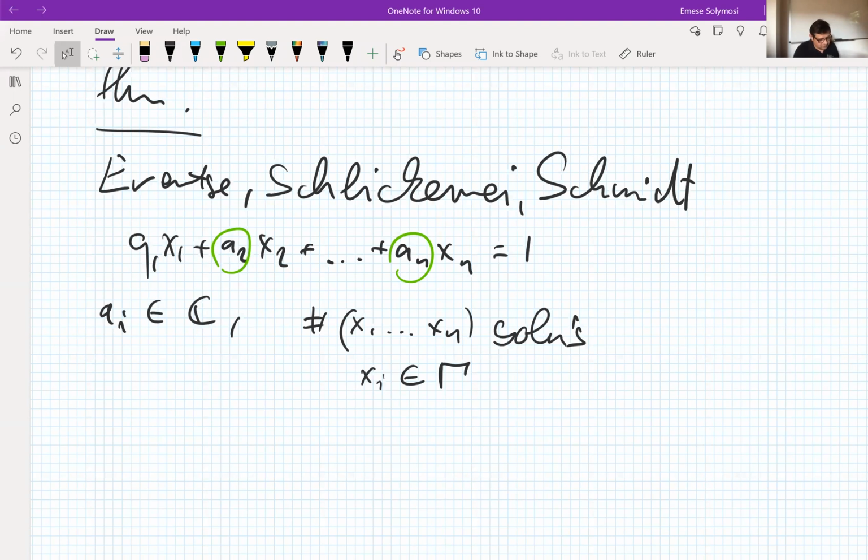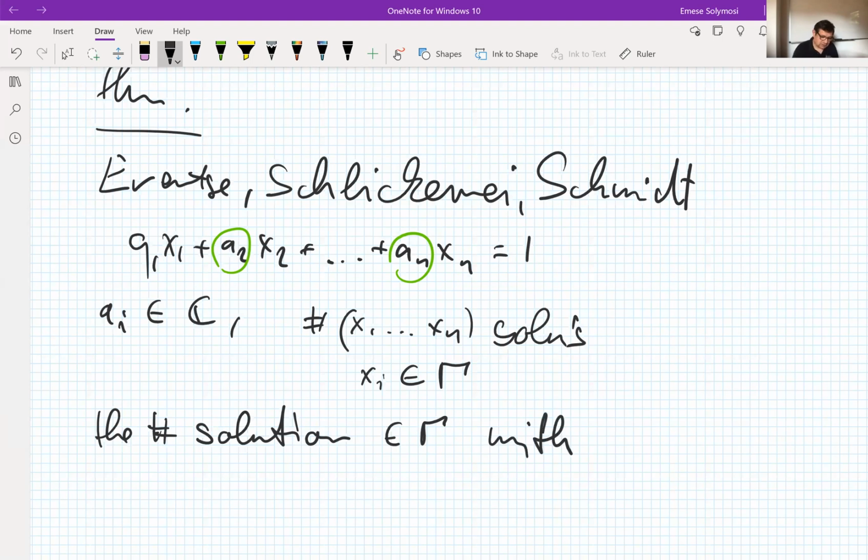Let's just say that under those conditions, the number of solutions which come from gamma, avoiding the trivial solutions, with no subsums on the left vanishing.